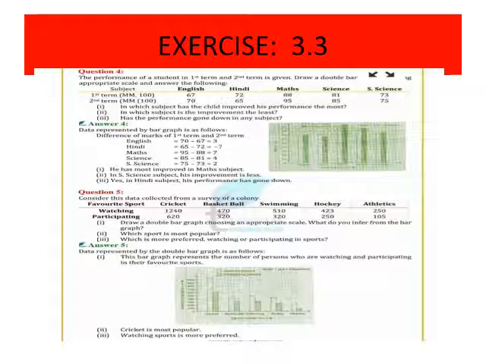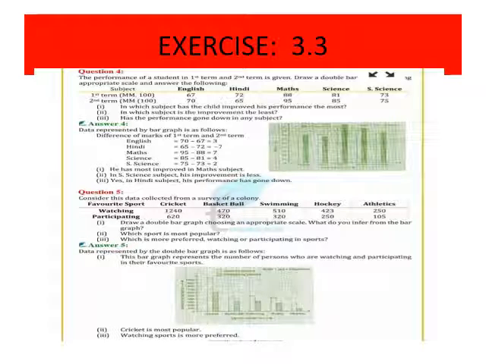Now there are some questions which we have to answer. Before answering these questions, we have to observe the data carefully. Data represented by the bar graph is that we will find the difference between first term and the second term. Like in English, in second term 70, first term 67, so the difference is 3.